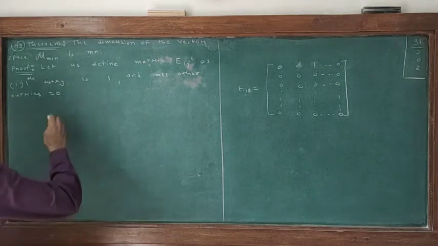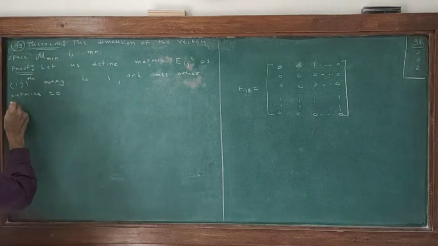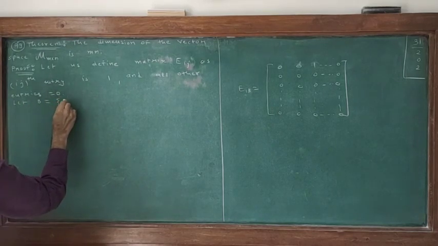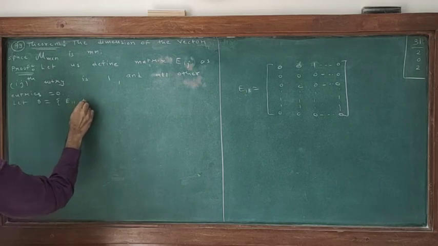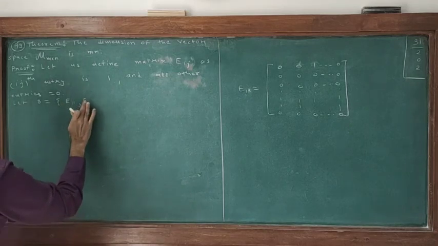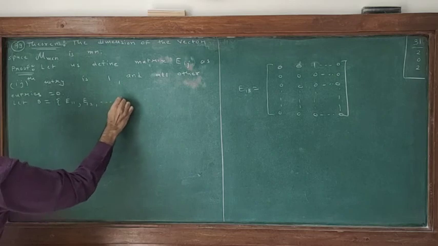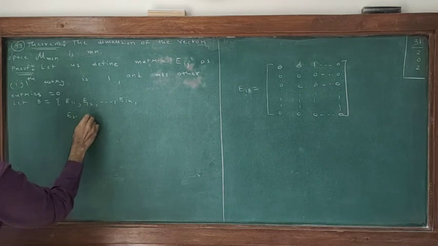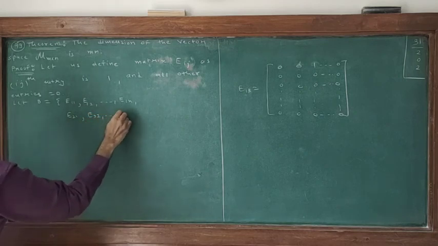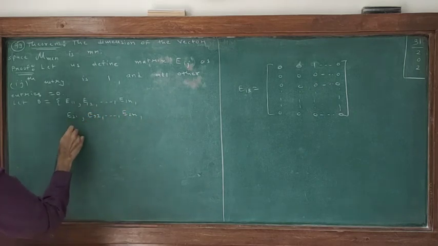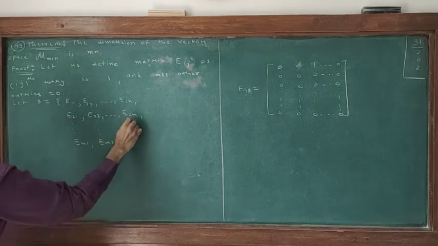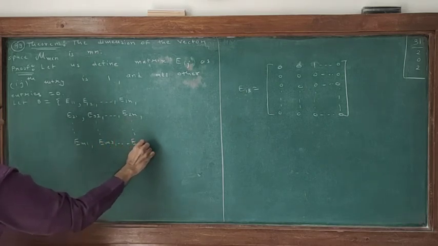Let B equal to E11, E12, up to E1n, E21, E22, up to E2n, and so on up to Em1, Em2, up to Emn.